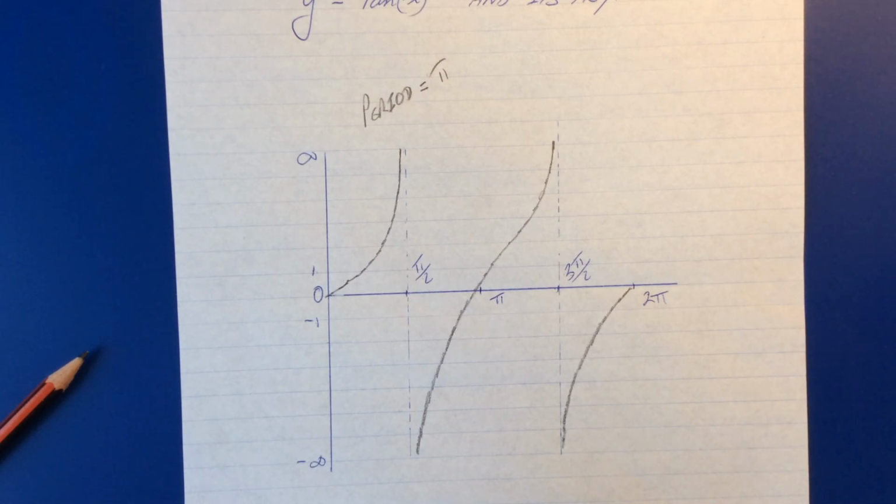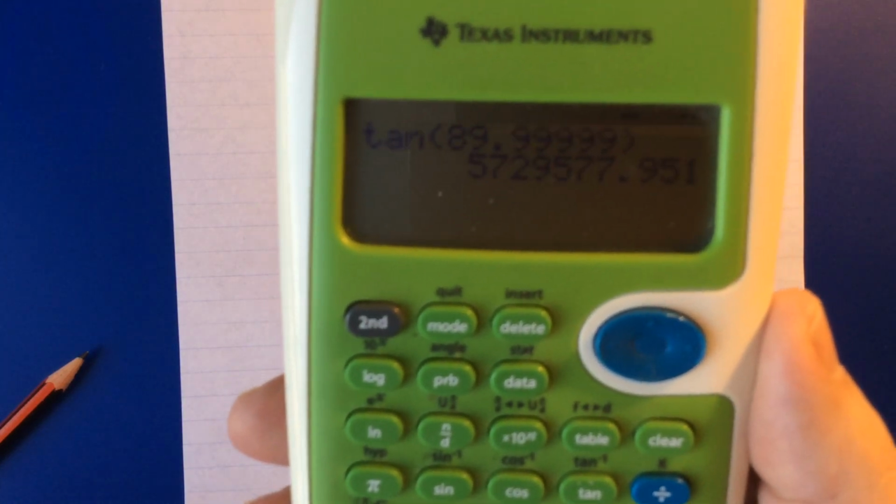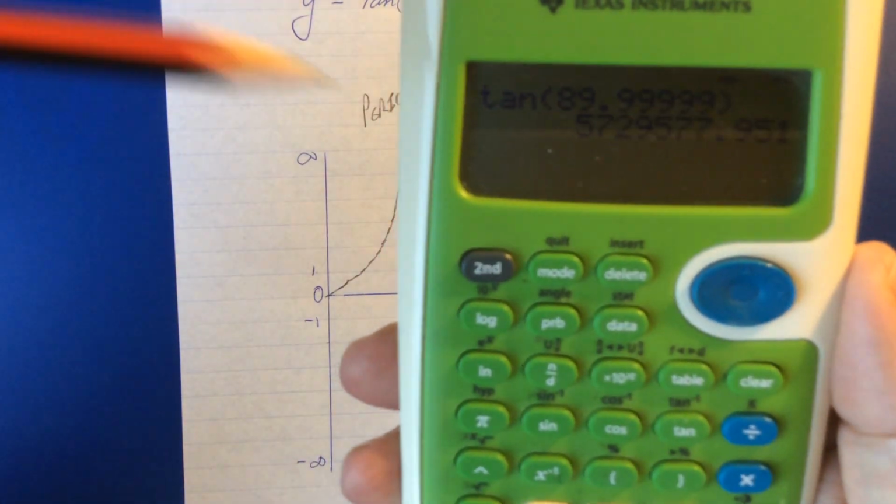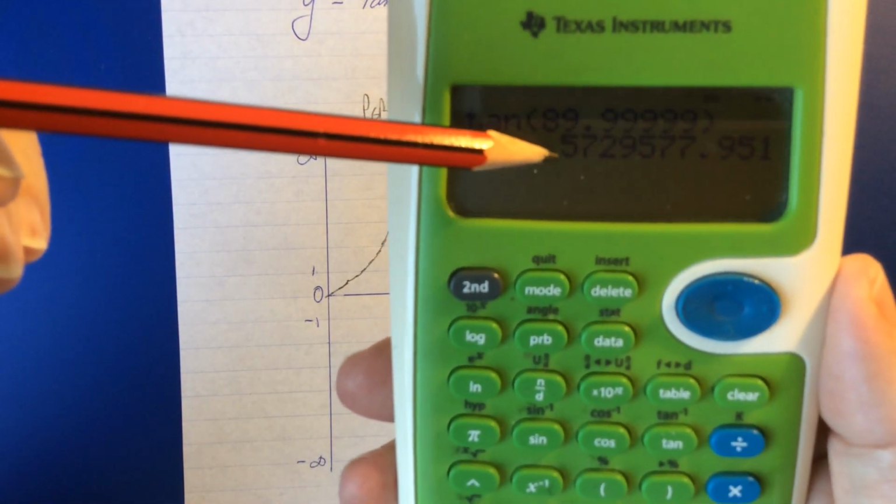And as we approach 90 degrees, but we don't get to it because the tangent is undefined at 90 degrees, at 89.999 degrees, it's a considerably bigger number. And as that approaches ever closer to 90 degrees, this number gets bigger.